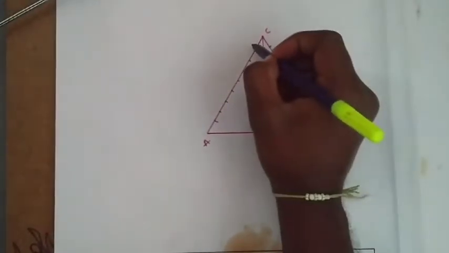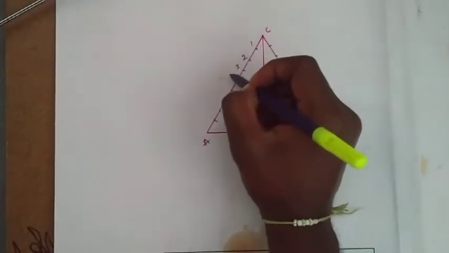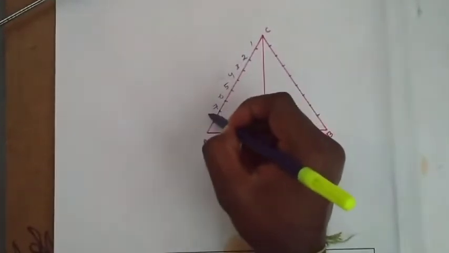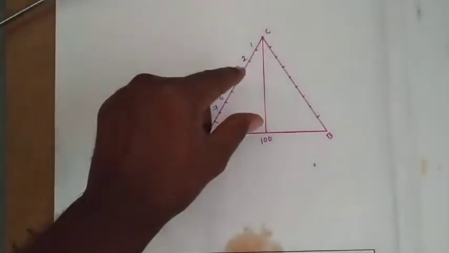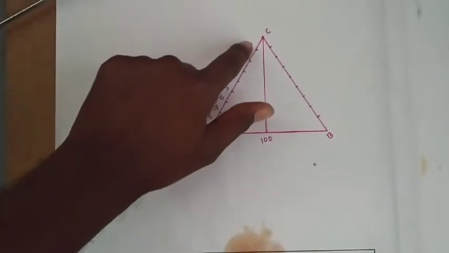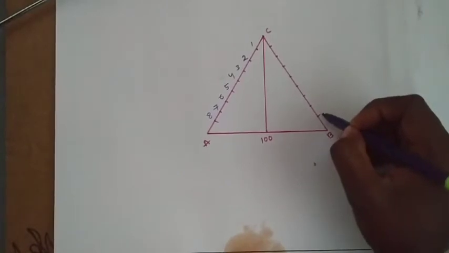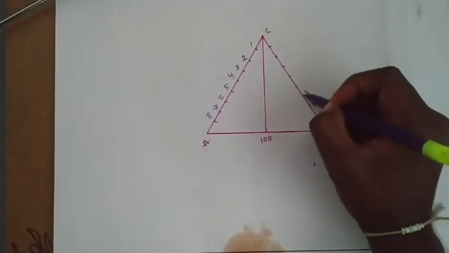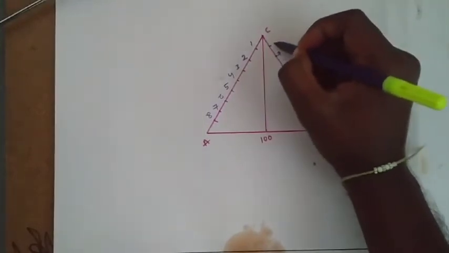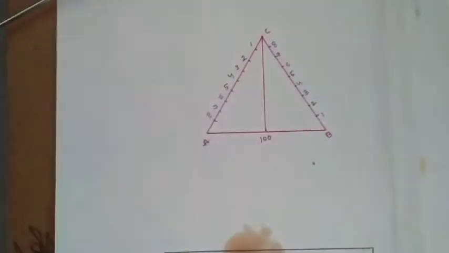From this side I am numbering from the upward side, 1 to 8. You have to invert this numbering on the opposite side: if I number this side from the upward side, you number this side from the downward side. We have 8 equal parts on this side and 8 equal parts on that side.